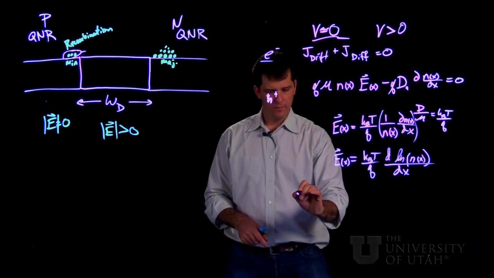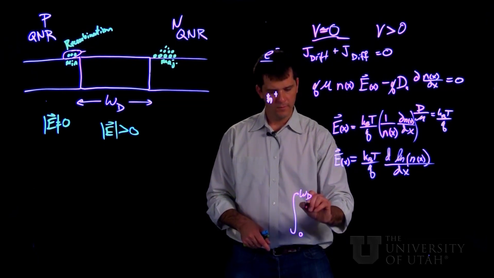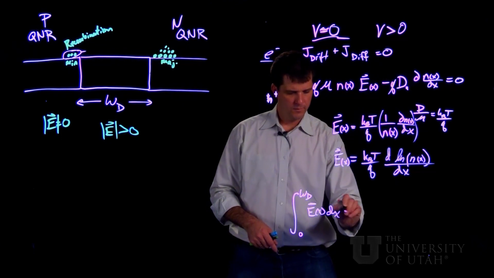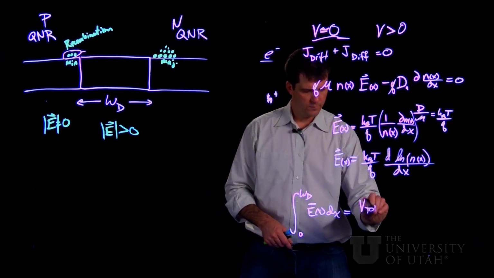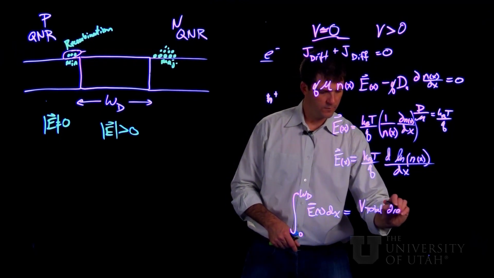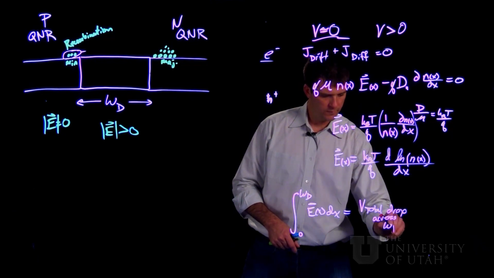So we know that if we integrate from 0 to WD of the E field, we had better get the total voltage drop across WD.